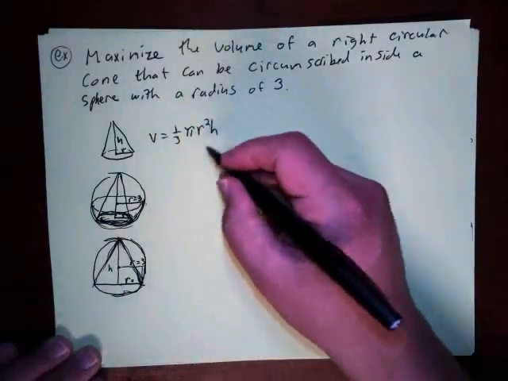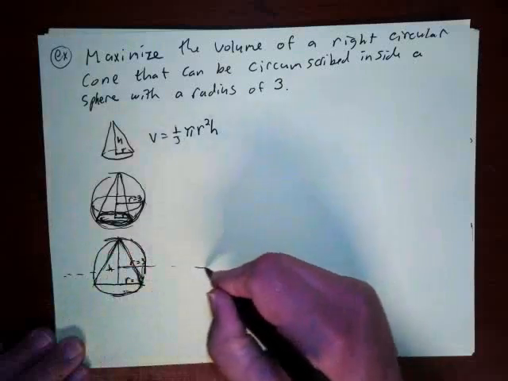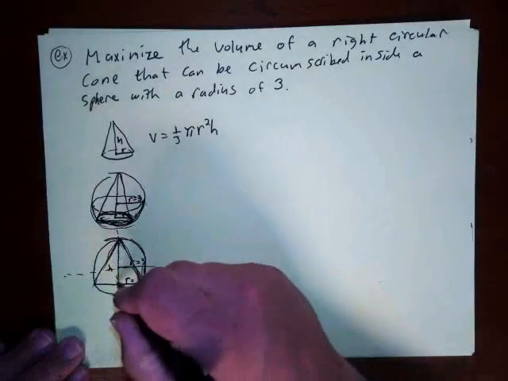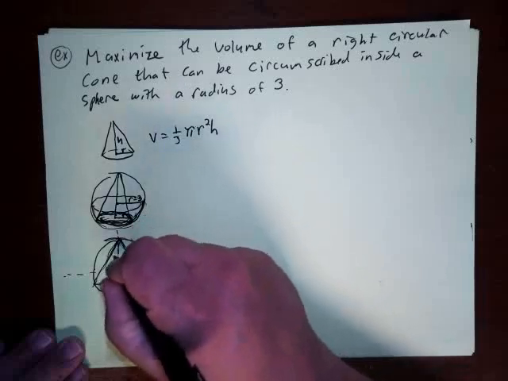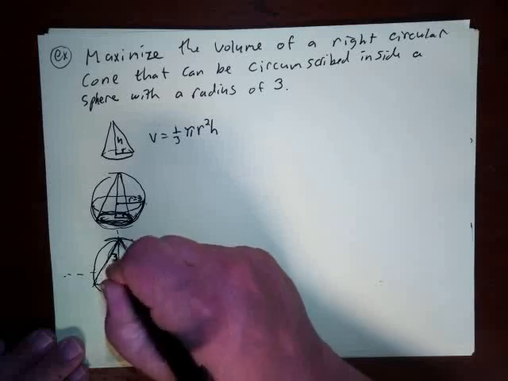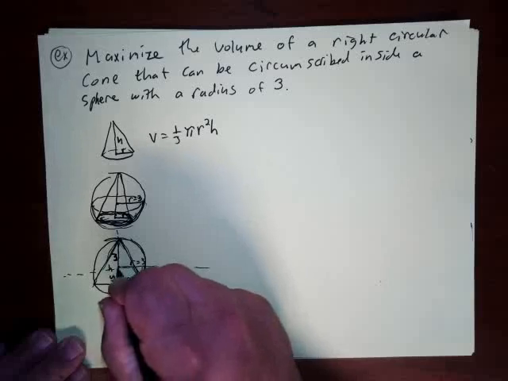We want to get all of this in terms of one variable, so I'm going to think about this as a circle centered at the origin. This distance from here to here is equal to 3, and this from here to here is equal to y.